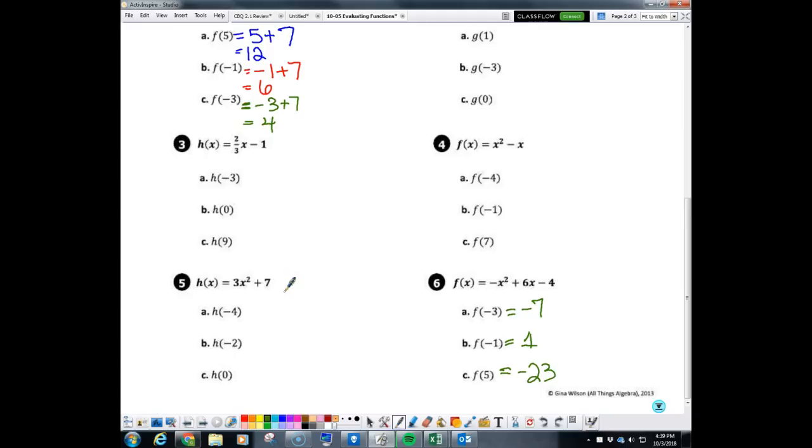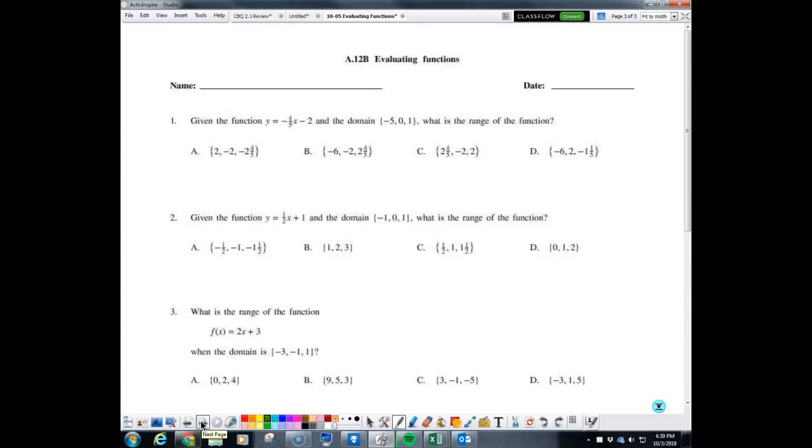Okay, so now look at the back. Given the function y equals negative 4/5 x minus 2, and the domain, so remember, domain and range, right?